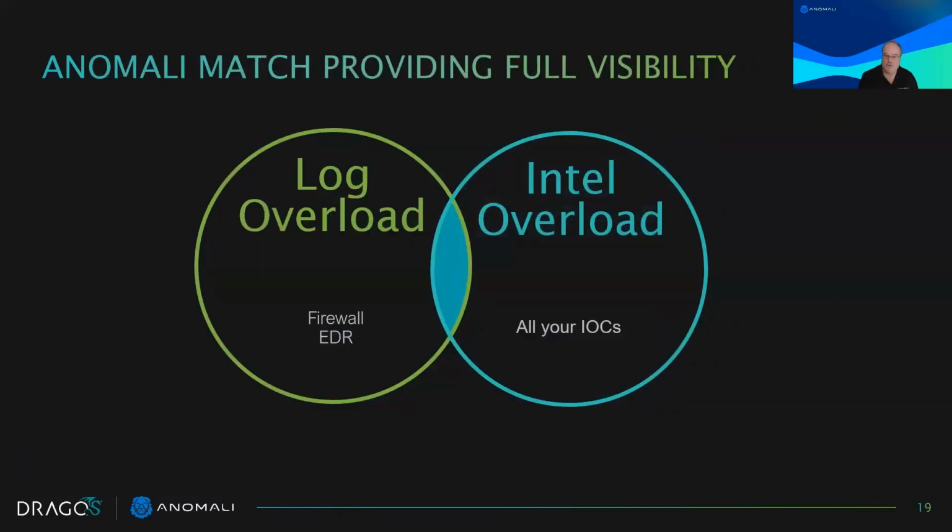So let's take it a little deeper here. Anomaly Match provides full visibility. We all have log overload. In most cases, you can look back around 90 days in your environment. As well, you have intel overload. Intelligence keeps building, it's growing. But in a lot of cases, in your current SIEM technology, you're limited on the amount of intelligence that you can ingest, as well as your look back.